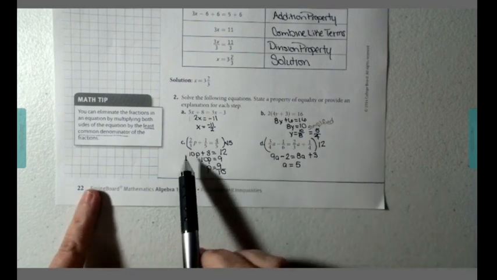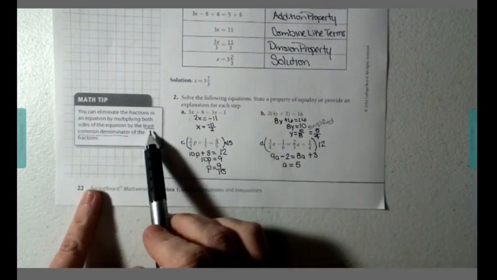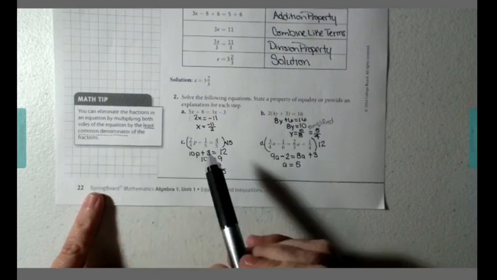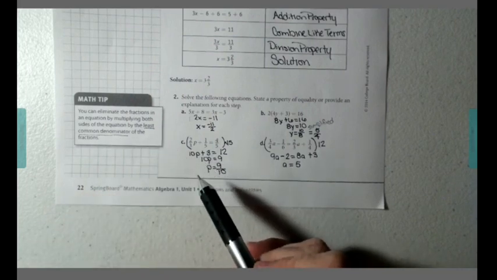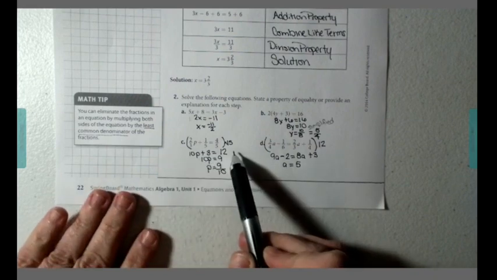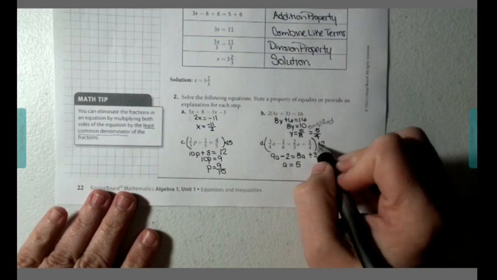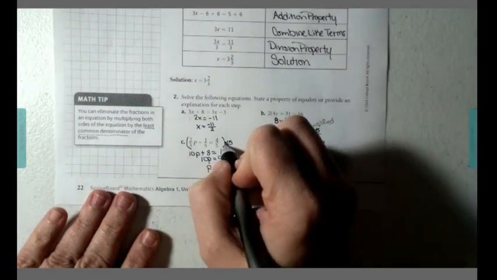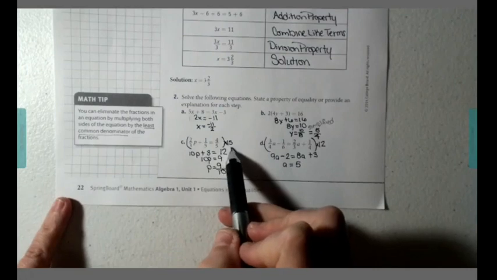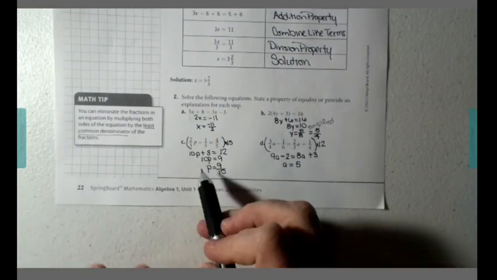Last, number 3. Remember it said multiply the equation, both sides, by the least common denominator. So when we do this here, we needed to multiply everything here by 15 and multiply everything in this one by 12. So I did that. Well, 2/3 times 15 is 10.